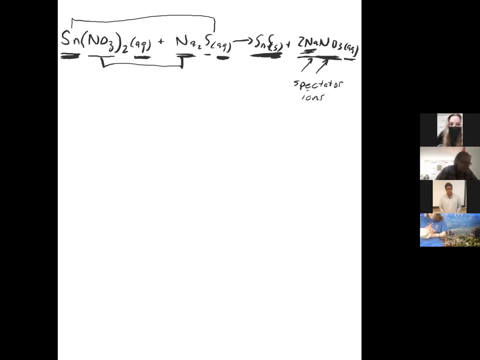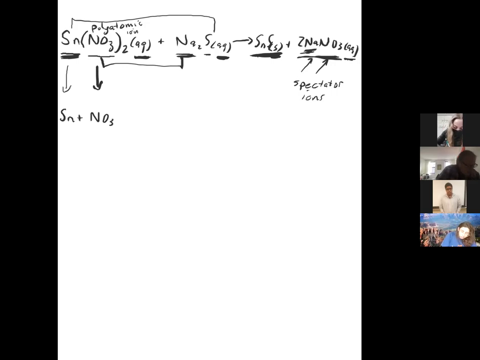So let's do what I did last time. I broke up each of the compounds that are aqueous into ions. I'm going to try to write these a little smaller because there are so many of them. Tin and nitrate. Now, here's something that people often make a mistake on. You've got to recognize this is a polyatomic ion.